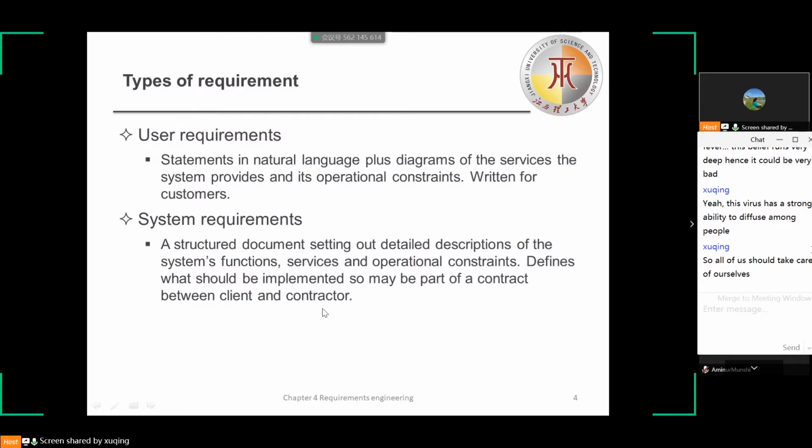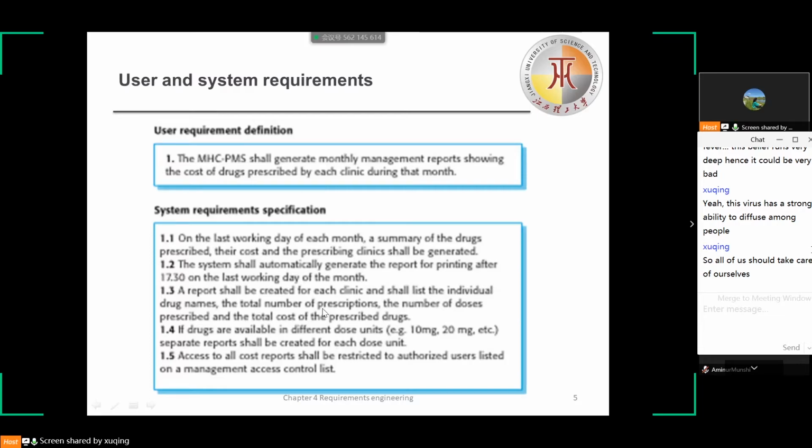Now we'll see an example here. This figure illustrates the distinction between user requirements and system requirements. This example comes from a mental health care patient management system. We have talked about this case use in the first chapter. Here the user requirement says this system shall generate monthly management reports showing the cost of drugs prescribed by each clinic during that month.